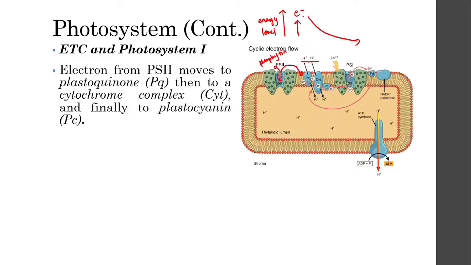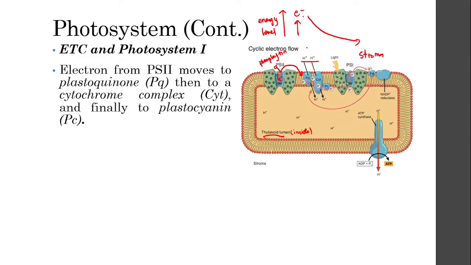So it's pumping protons from the stroma, the outside fluid-filled structure of your chloroplast, to the inside of your thylakoid. That's why we call it the lumen of the thylakoid.